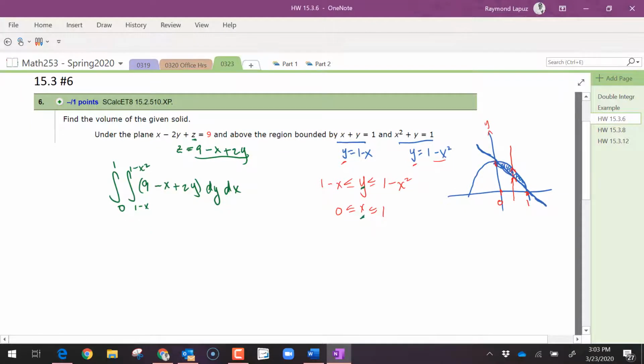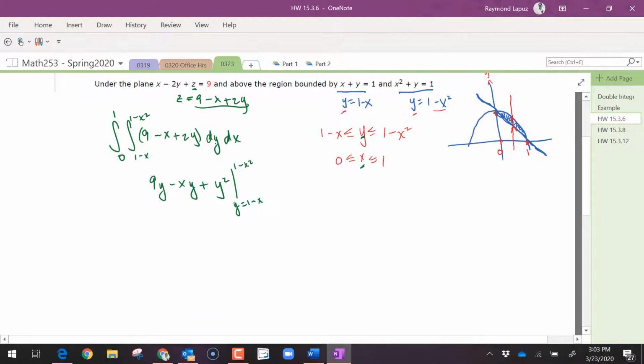Alright, let's proceed to do this integral with respect to y. 9 is a constant, x is also a constant, and then now you integrate the y, so that's y squared over 2, and then there's a 2 there, so that would just cancel. We just have y squared. And now we have to evaluate this when y is equal to 1 minus x at the lower limit, 1 minus x squared at the upper limit.